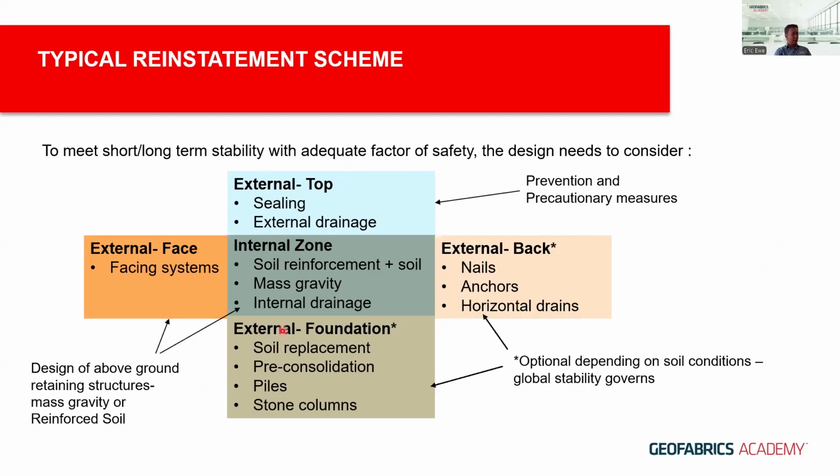Now, the bottom part, external foundation or back, either nails, anchors, or horizontal drains, soil replacement, consolidation, piles, stone columns are optional items depending on the soil conditions. This is the part that is usually quite costly. Depending on global stability requirement, it governs whether or not these items are necessary, and we'll discuss that a little after this.